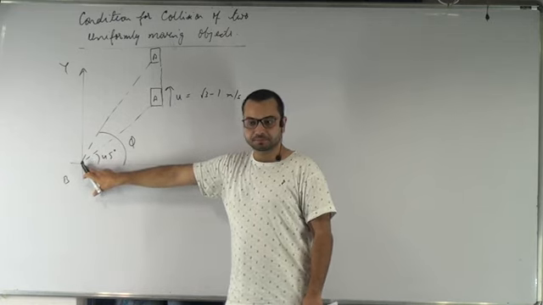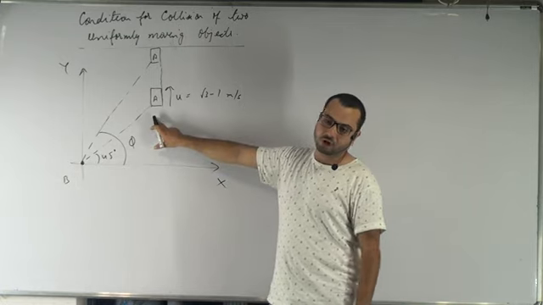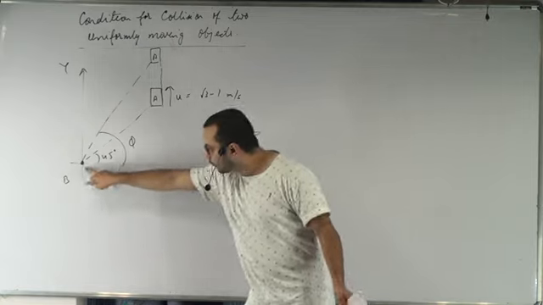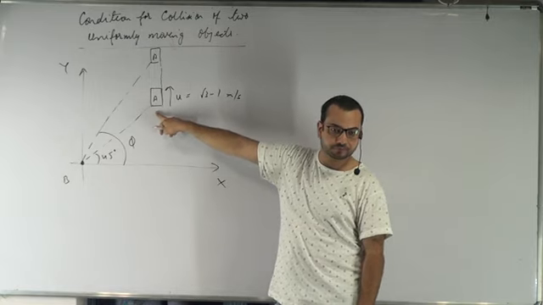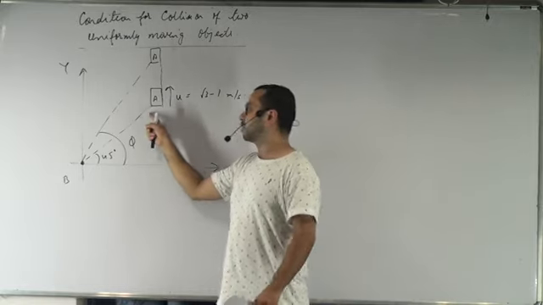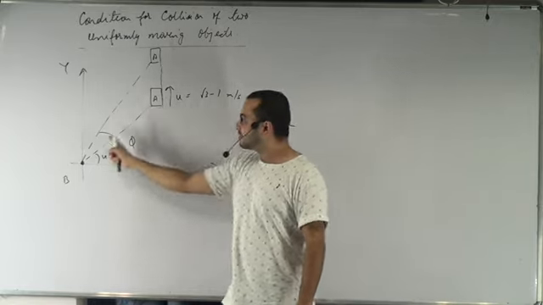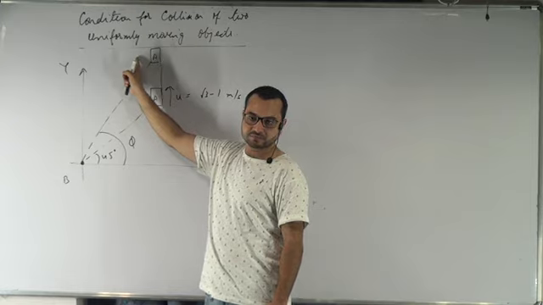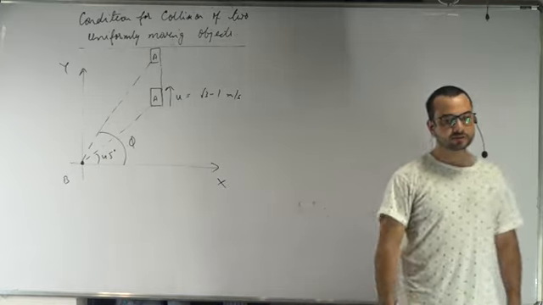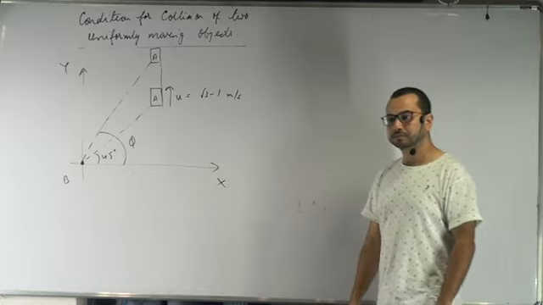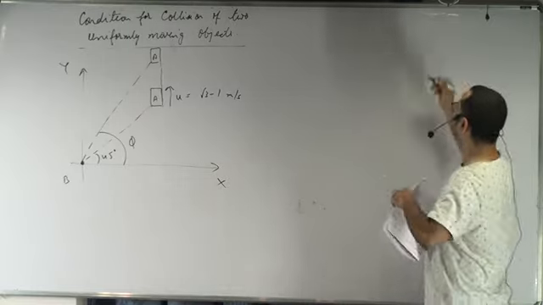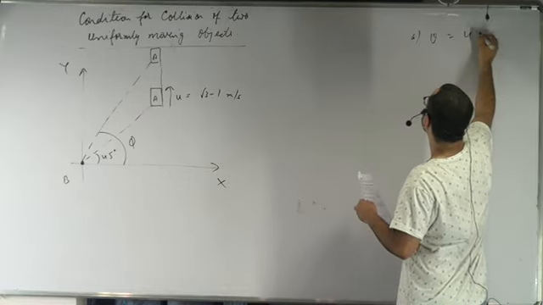The ball was here. Does it hit the trolley? So what is the direction in which it could move? It has to move along the line joining them. So this is the direction of the relative velocity. This is the direction of the actual velocity, but this is the direction of the relative velocity. Is that clear? Any problem? So what should be my answer? The answer to the first part is that theta is equal to 45 degree.